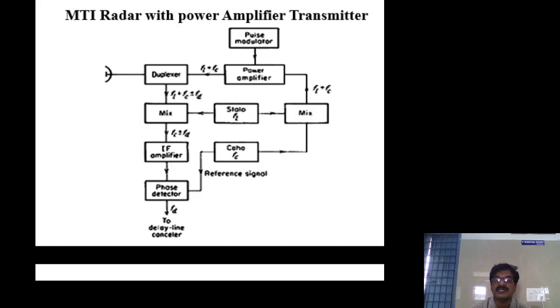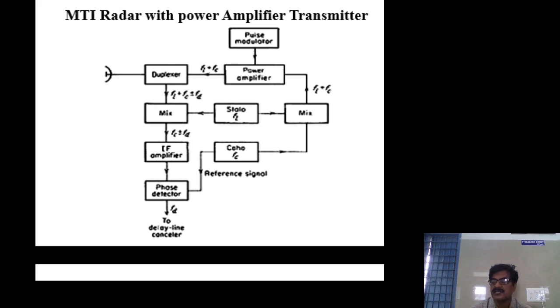Therefore the echo signal frequency is Fl plus Fc plus or minus Fd. That is the frequency of the echo signal connected to the mixer. For this receiver mixer, the reference signal is from the stable oscillator, that is Fl, so that the output of the mixer will be Fc plus or minus Fd.